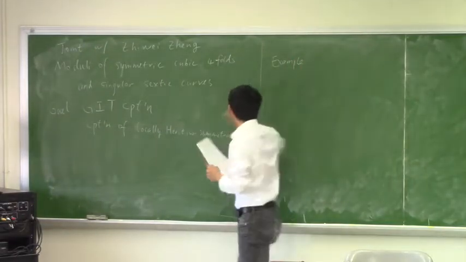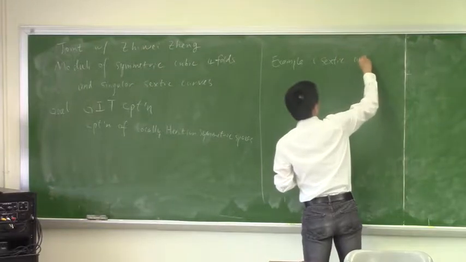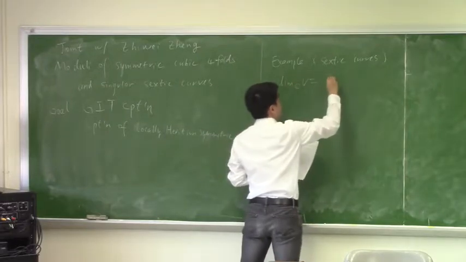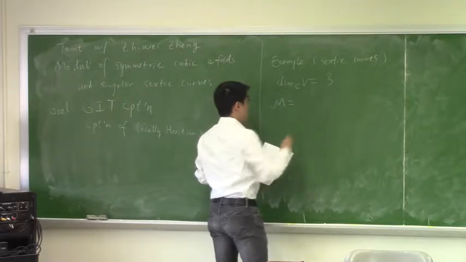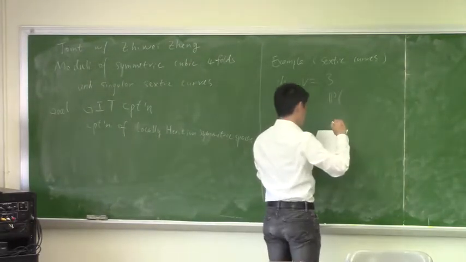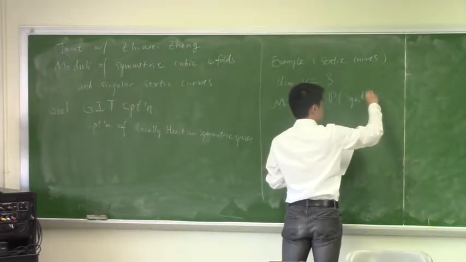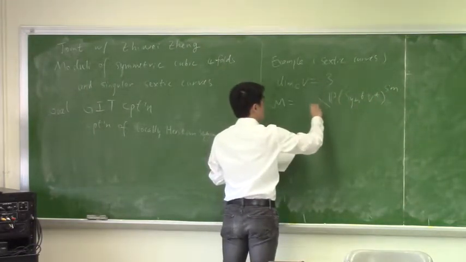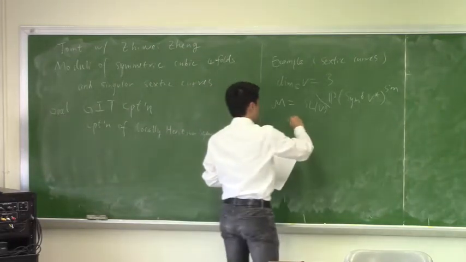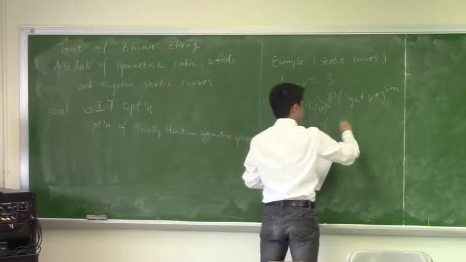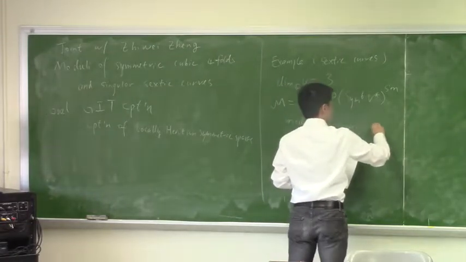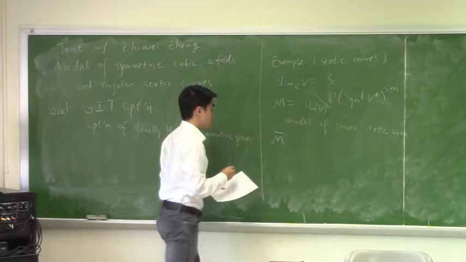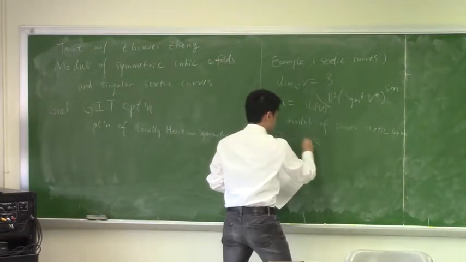We will focus on sextic curves. We fix a complex vector space of dimension 3, and we consider M, the moduli of smooth sextic curves. We take smooth sextic forms modulo the group action. This moduli has a very natural GIT compactification, which is just a GIT quotient.